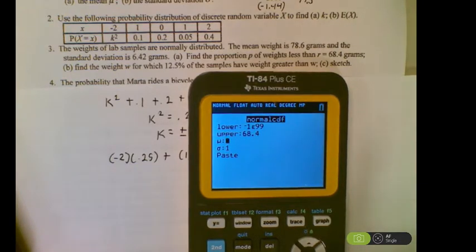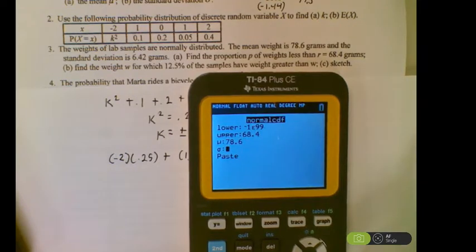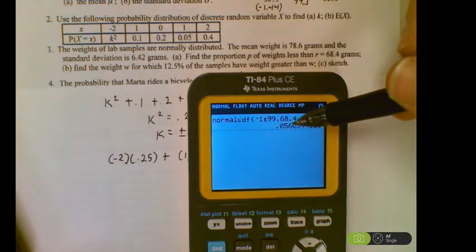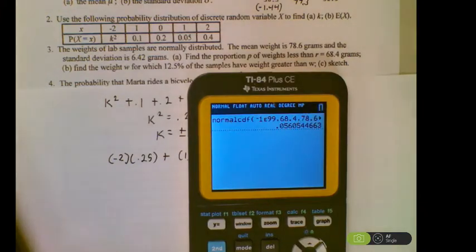They gave us the mean at 78.6 and a standard deviation of 6.42. If we punch that in, that should give us our probability or proportion, same thing. And if we were going to properly write that answer to 3 sig figs, we would say 0.0561 should be the most appropriate answer.